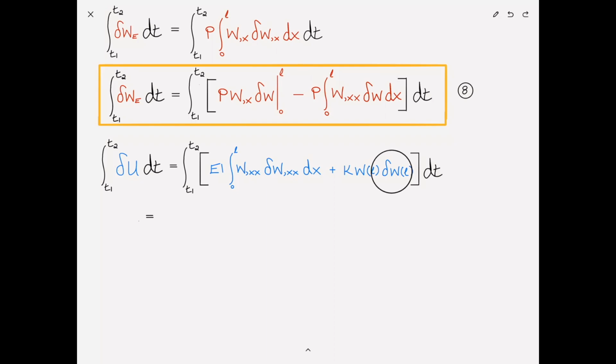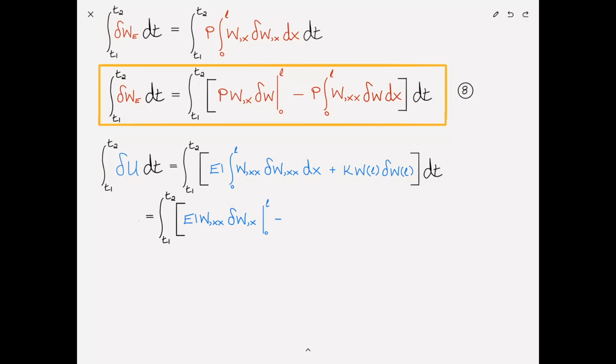This term, I should mention, does not have to be treated at all because the variation of w has no derivative there. All right, so again, we get the integral from T1 to T2. We're going to take this expression, evaluate it at the boundaries, but we're going to drop one of the x's from the del w,xx. That gives us EI w,xx del w,x at 0 and L.